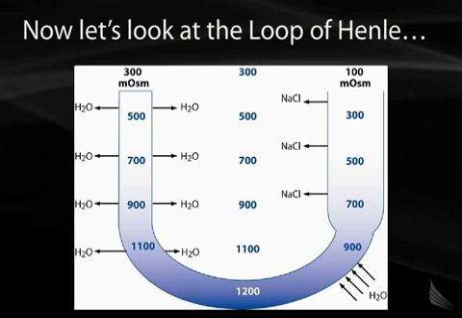This is also coupled with the vasa recta, which are the blood vessels that are paired with the loop of Henle. These blood vessels are constantly pulling both solute and water out of the interstitium. Therefore, this process will continue until the maximally concentrated urine can be formed.